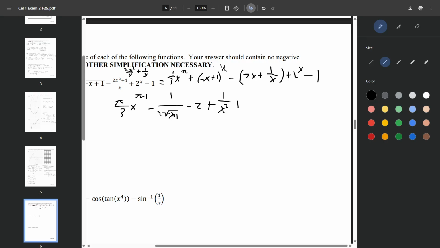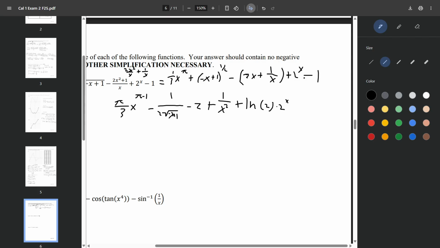And the next part is going to be ln of 2 times 2 to the power of x, because the rule for a variable exponent is ln of the base times the original times the derivative of the exponent.